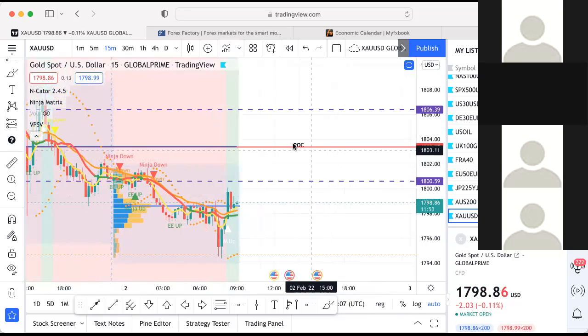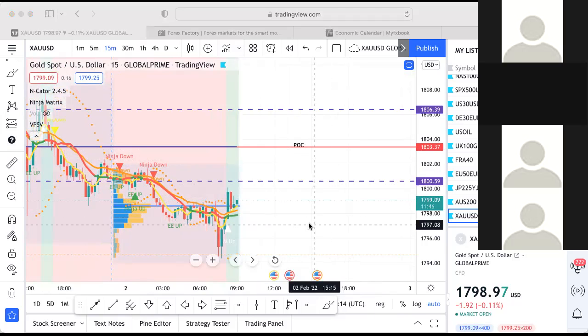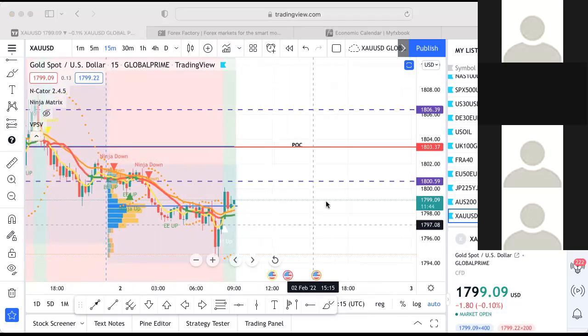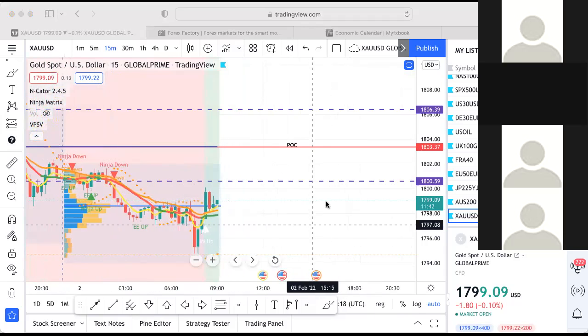Right. Well, gold, as I said, we've still got a ninja matrix telling us that price is going for a buy, and I think I would stick with my initial prediction, which is that this is actually going to go up to yesterday's point of control.